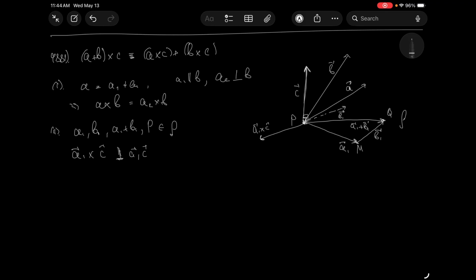And then there is another vector, which is the cross product of b1 and c in the same way, which is perpendicular to b1 and c. By parallel translation, we're going to depict this vector like this, just right here.